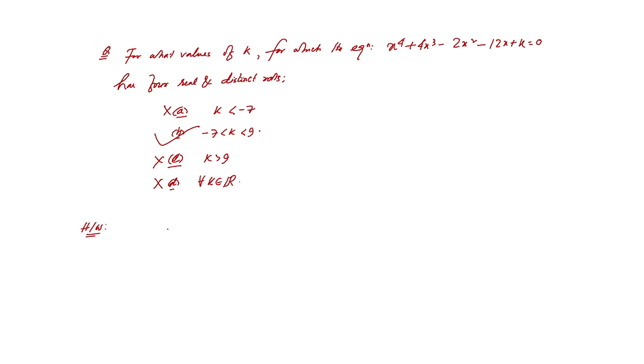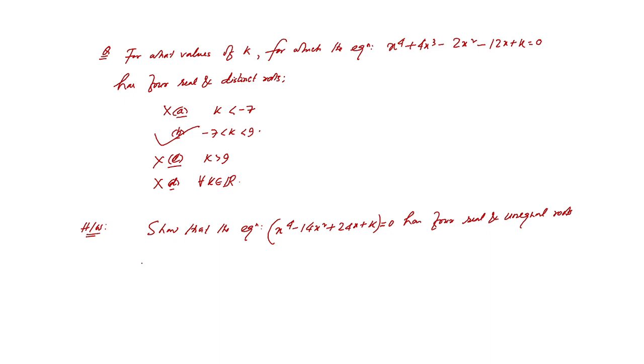The question is: show that the equation x to the power 4 minus 14x square plus 24x plus k equals 0 has 4 real and unequal roots if -11 less than k less than -8.